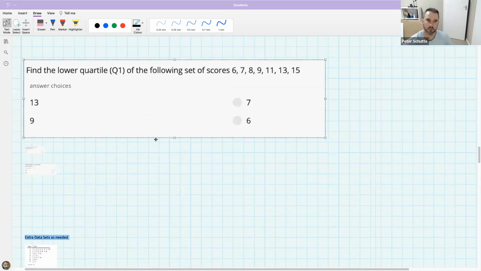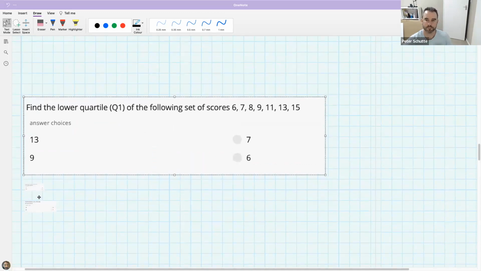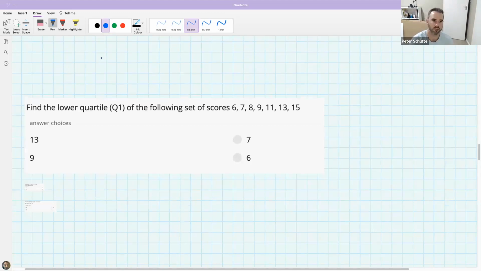Now, this time I'm only asking for the lower quartile, so I don't have to do as much work. I must make sure for the lower quartile, I always have a quarter in front, but I do need to know what n is.